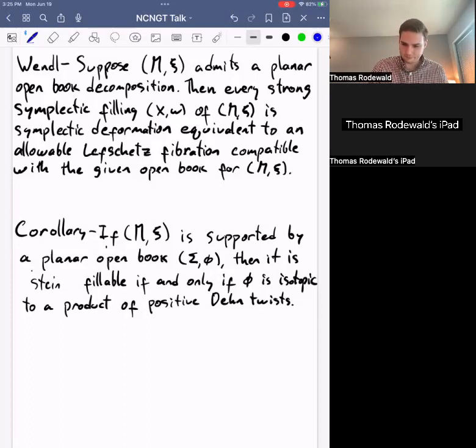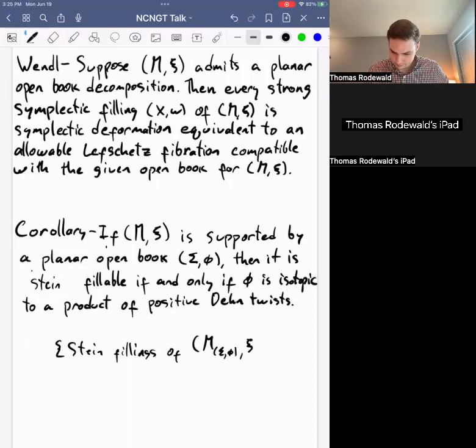And so the result we're using here is that Stein fillings of a contact structure supported by this planar open book are in one-to-one correspondence with positive factorizations of the monodromy.